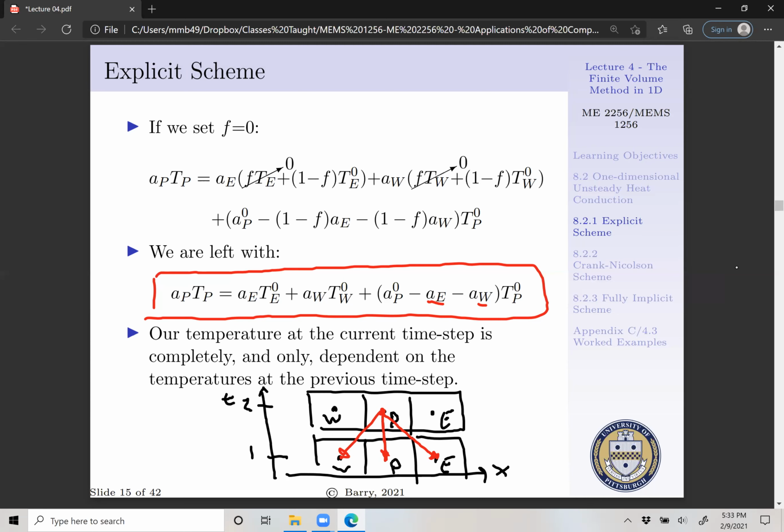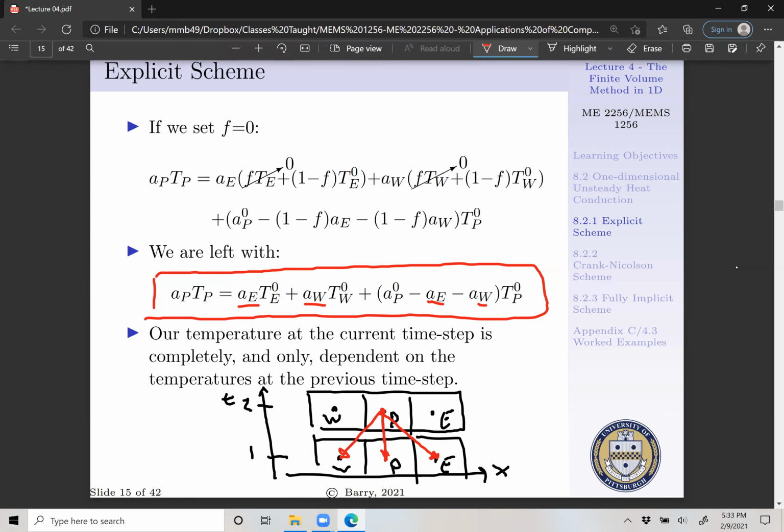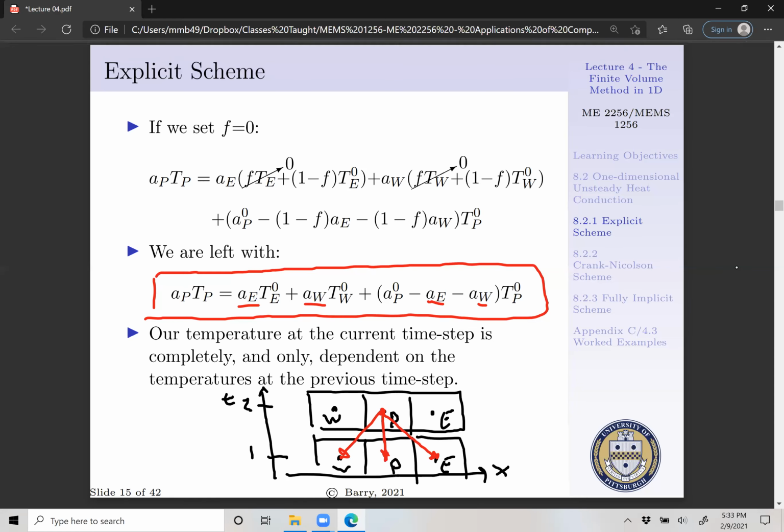So those coefficients are reflecting values between the interfaces of our cells. Right now we're assuming they're constant, so it's going to be the same value at our previous time step.